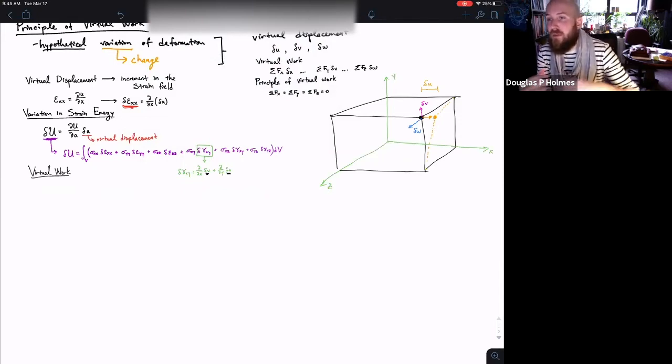So the magnitude of those displacements doesn't matter. And that's why it's this pretend mathematical trick.